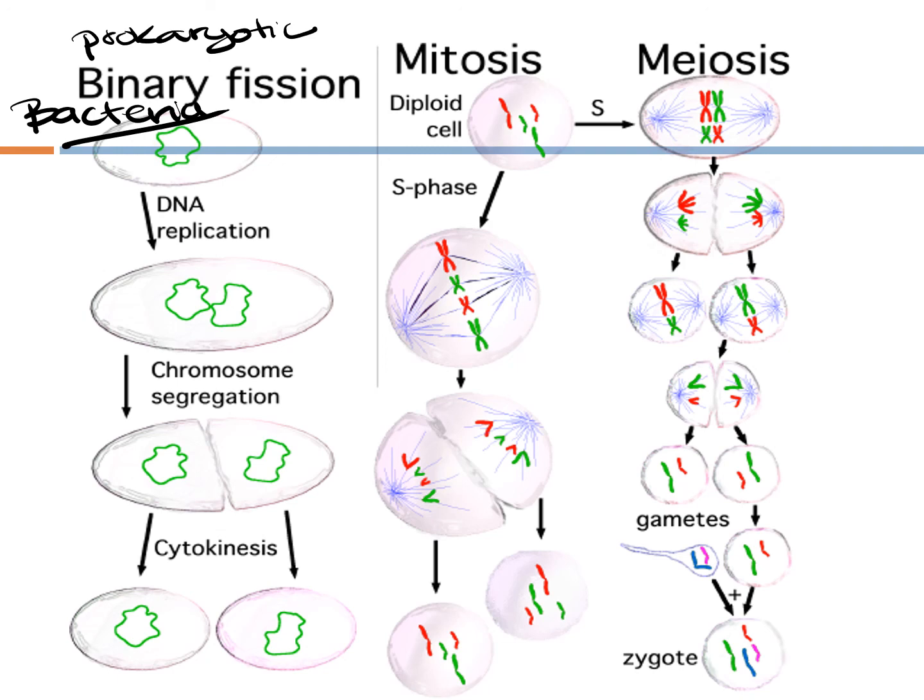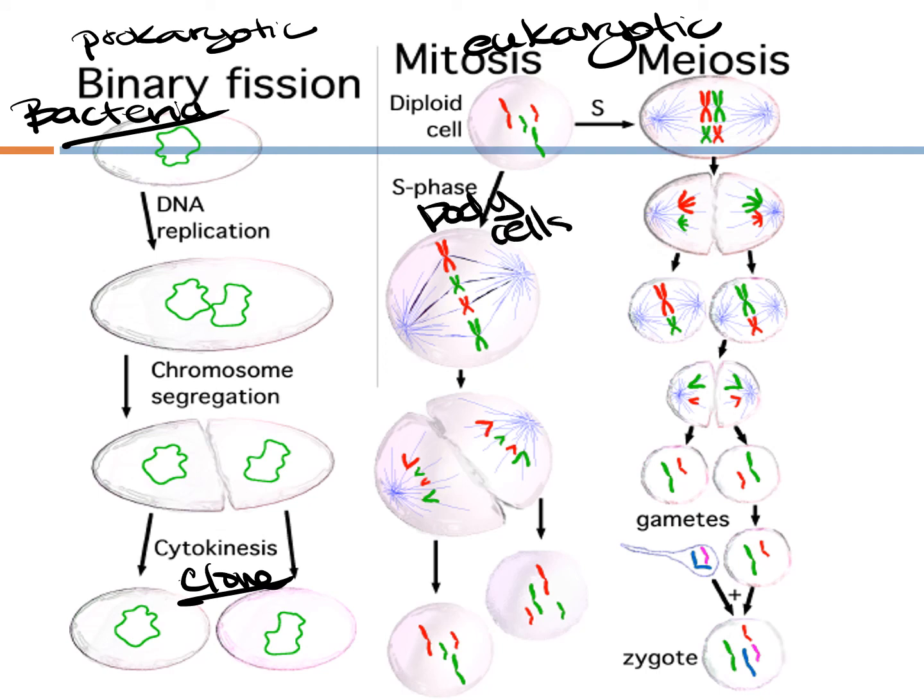It clones itself. So binary fission basically makes a clone. It's all identical. But for us, for mitosis, this is eukaryotic. This is people, animals, plants. Body cells, remember, body cells go through mitosis. And sex cells go through meiosis.